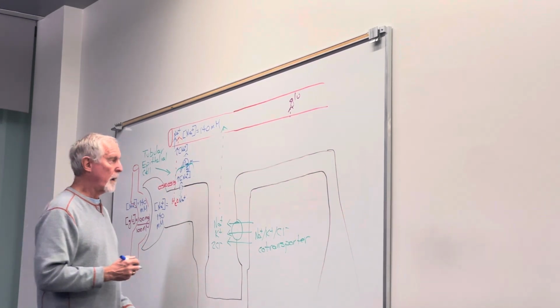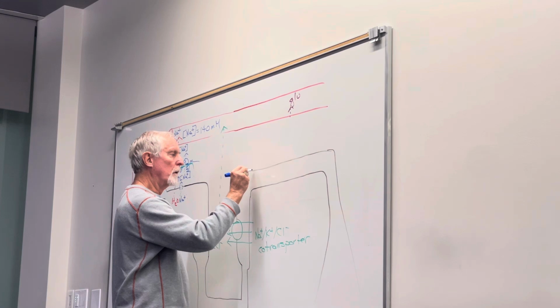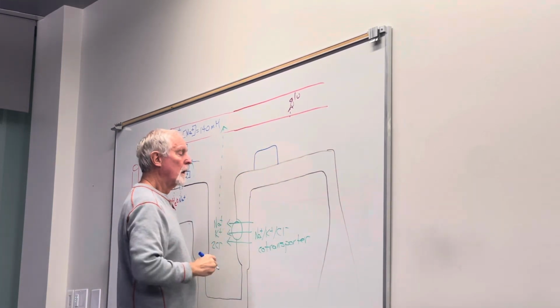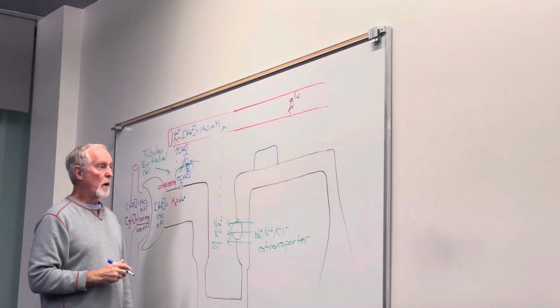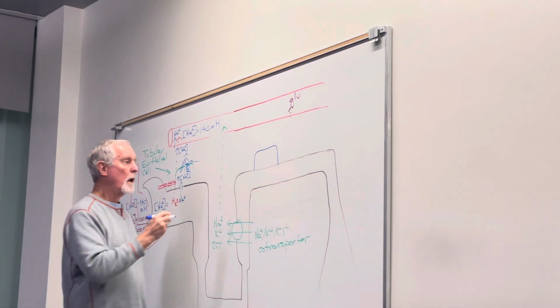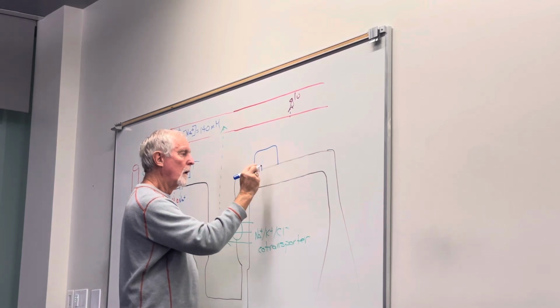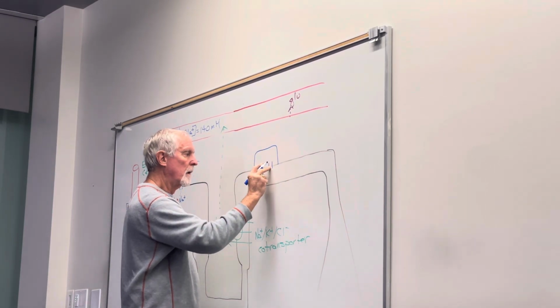Within the tubular epithelial cells of the distal tubule, there are cells that have sodium ion channels in them.